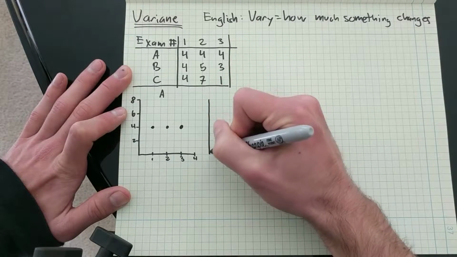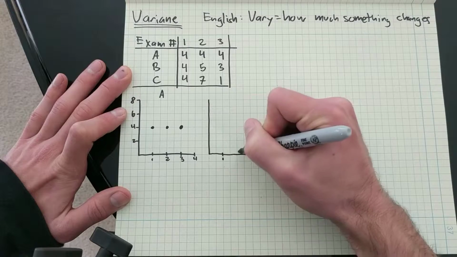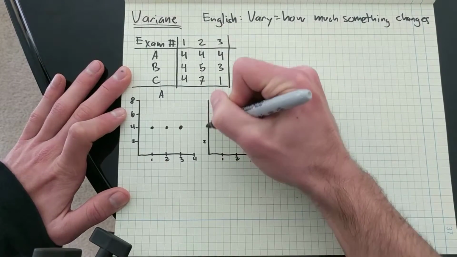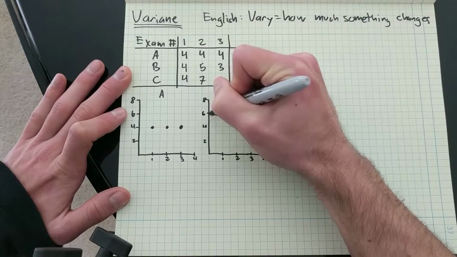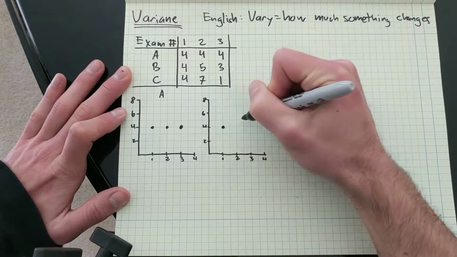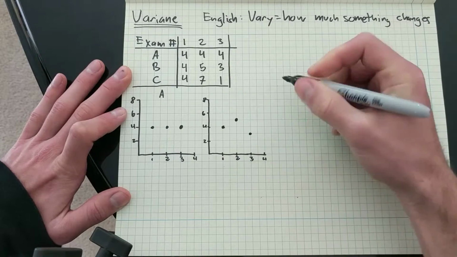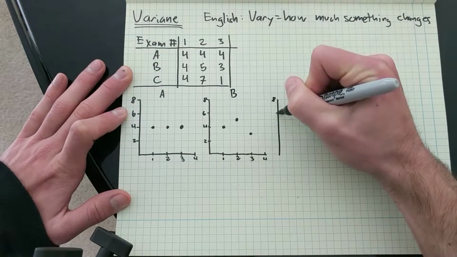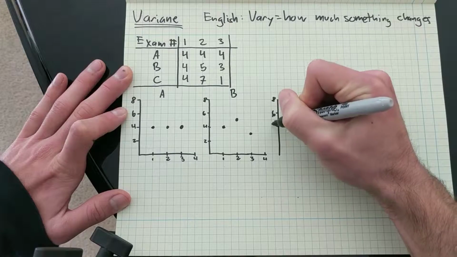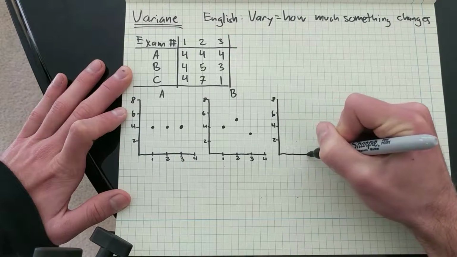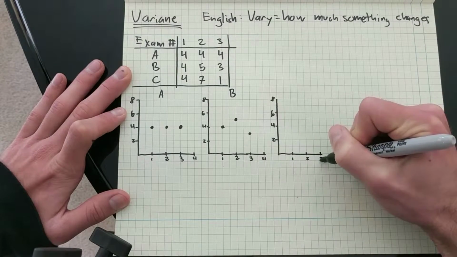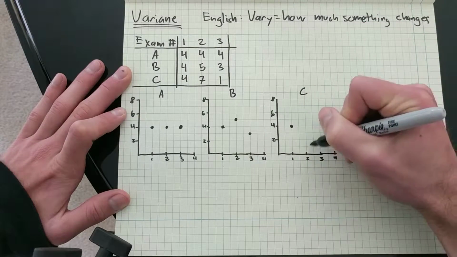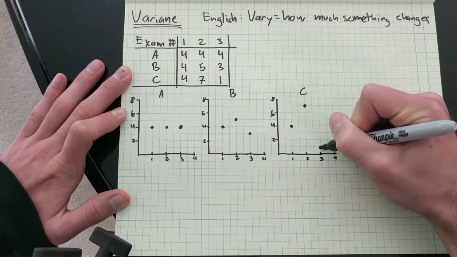Let's look at student B. Student B scored 4, 5, 3. Student C scored 4, 7, and 1.